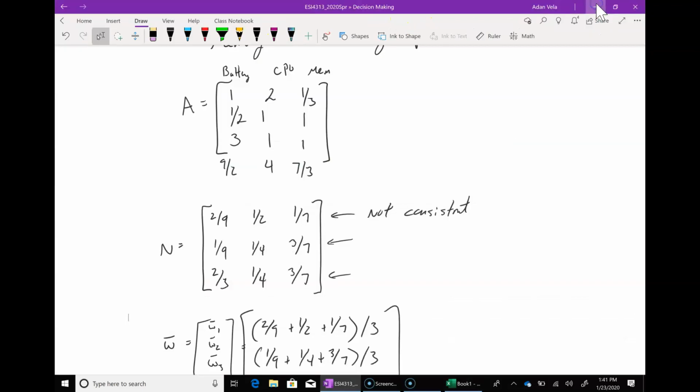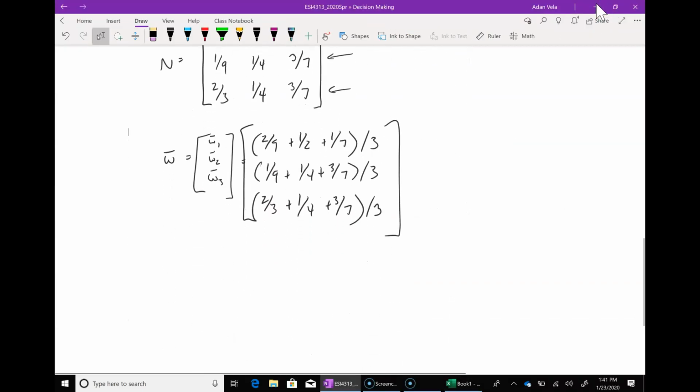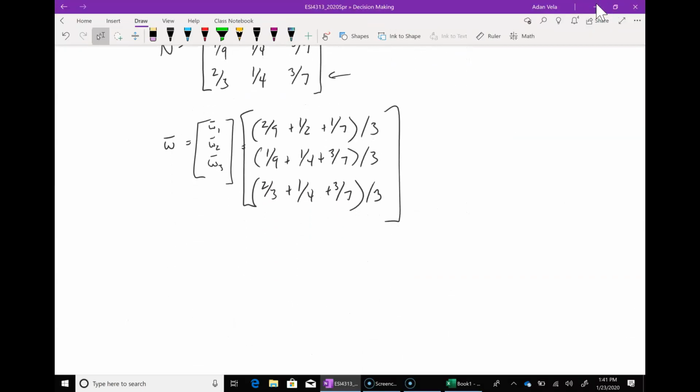Now, I think I mentioned in the last class, what is really the definition of consistency? Let's put it this way. The way that I always think about it is, let's say you like baseball and you like the Braves better than the Yankees, and the Yankees better than the Red Sox.